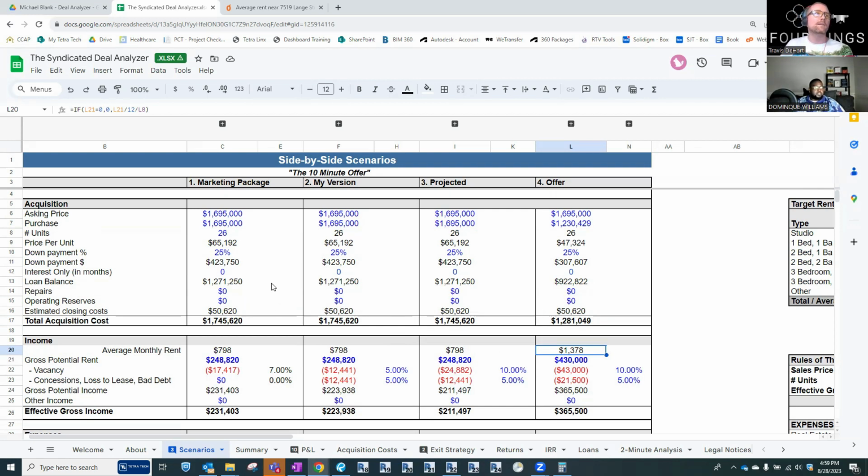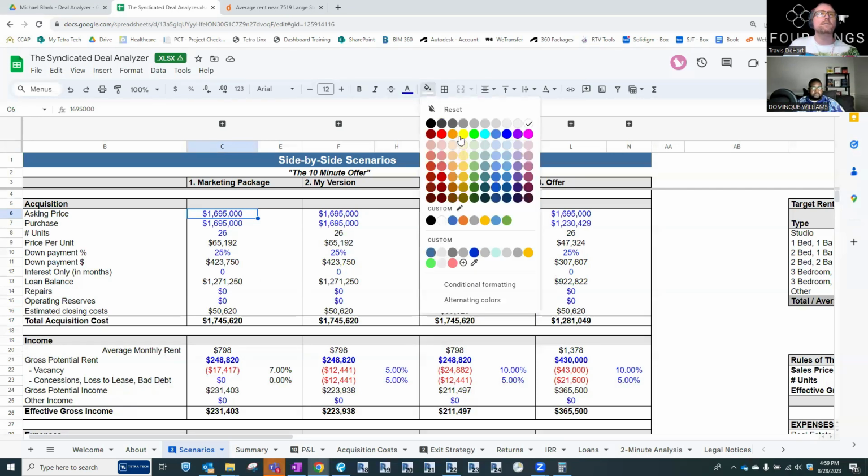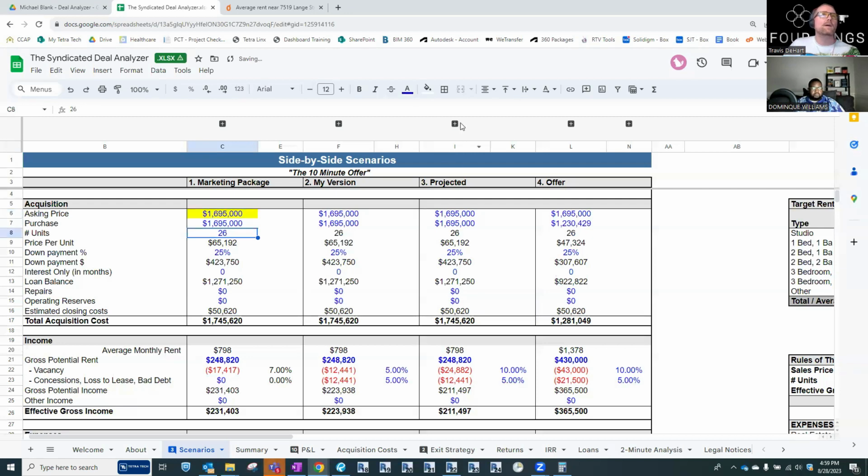Yeah, and just to recap the numbers that we looked at to even be able to see how close is that, based on what it's worth. We looked at what the asking price is, and I'll go ahead and just highlight these. We looked at what the unit count was.